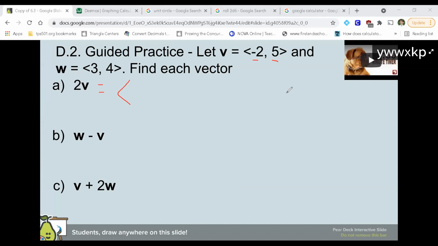That's right. You just multiply the first vector by that. So we're going to do 2 times -2 and 2 times 5. So that gives us what? -4 and 10?